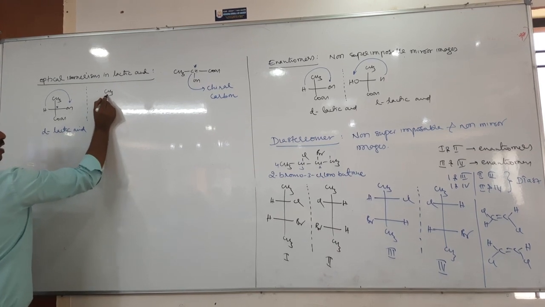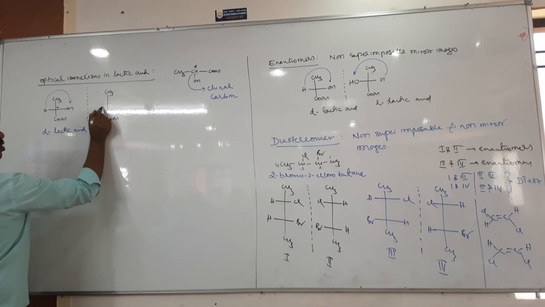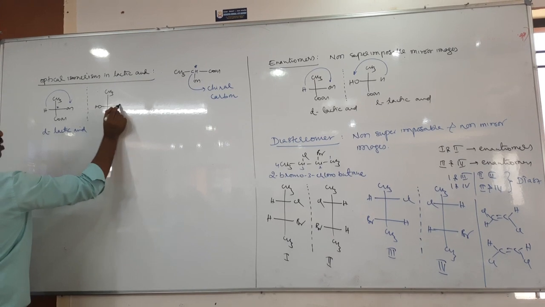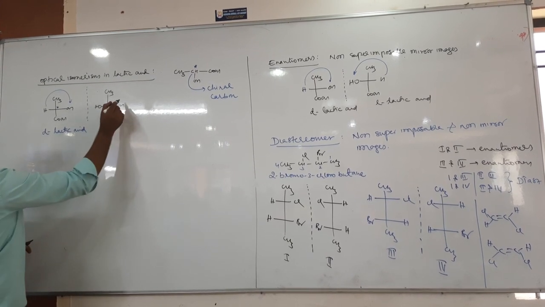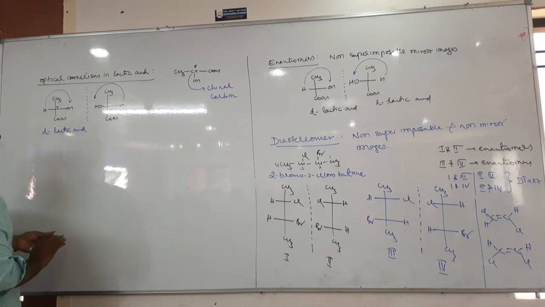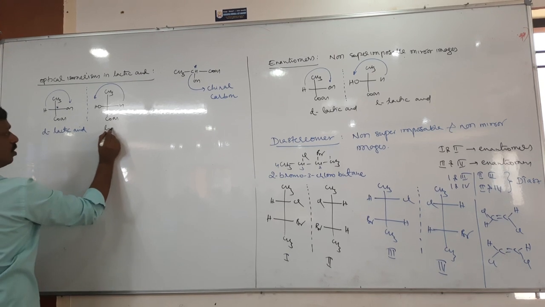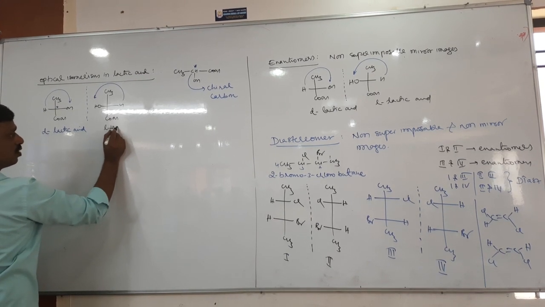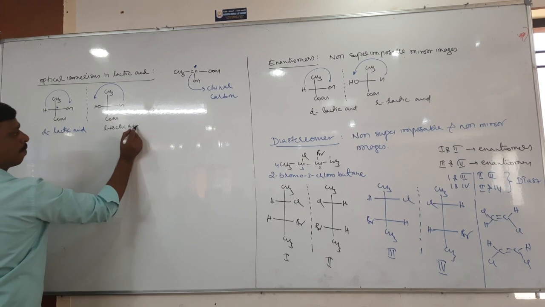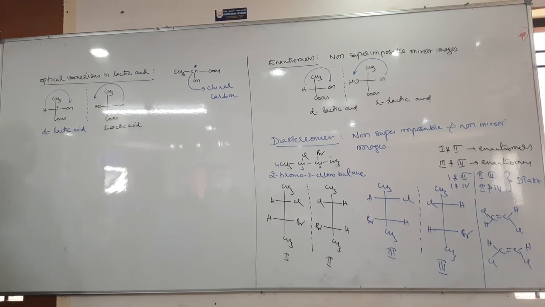Next, write its mirror image. Here the rotation is again hydrogen to OH, which is called L lactic acid. So D lactic acid and L lactic acid, these two are enantiomers. Then what about a racemic mixture?